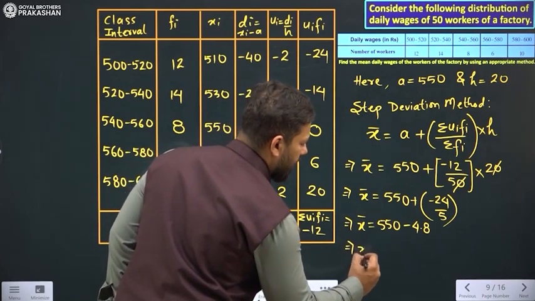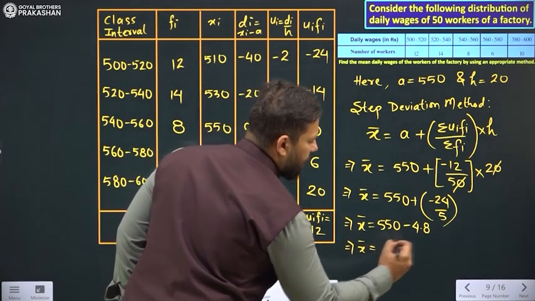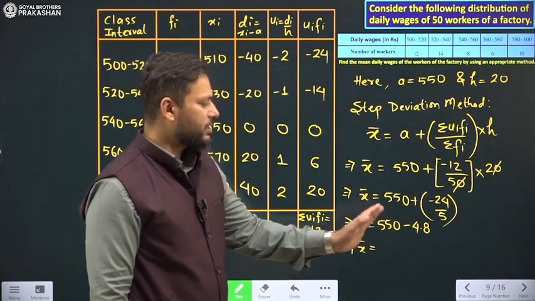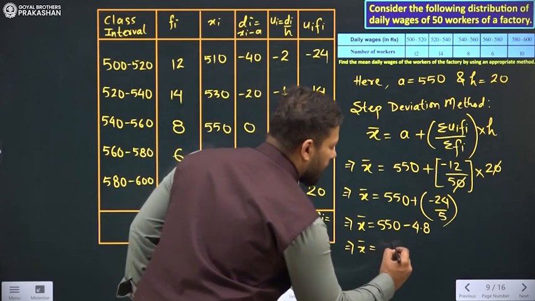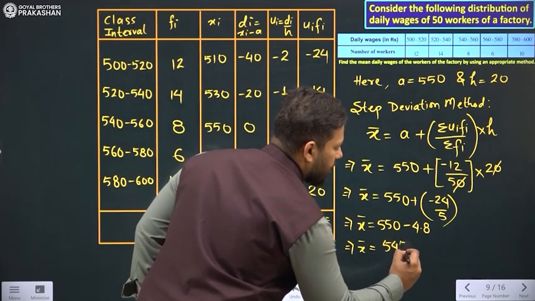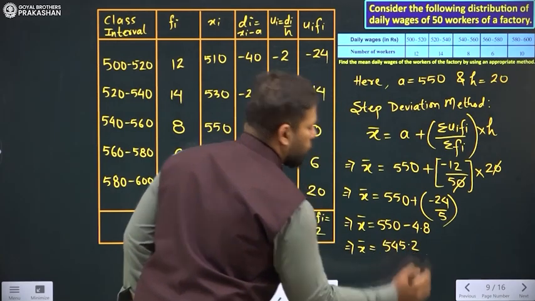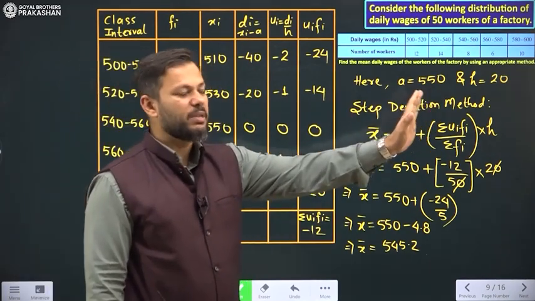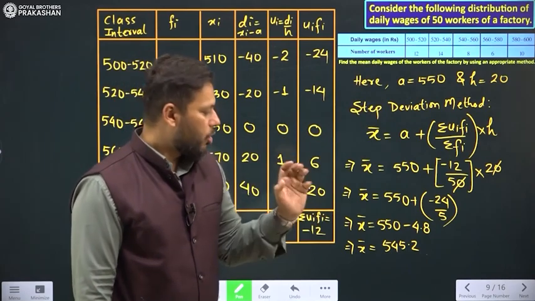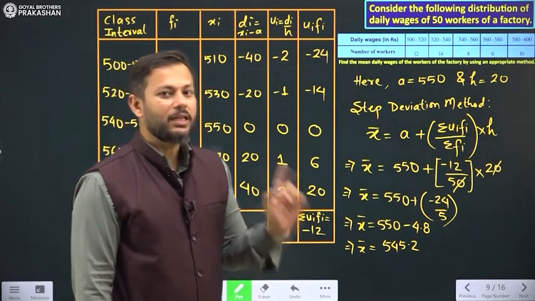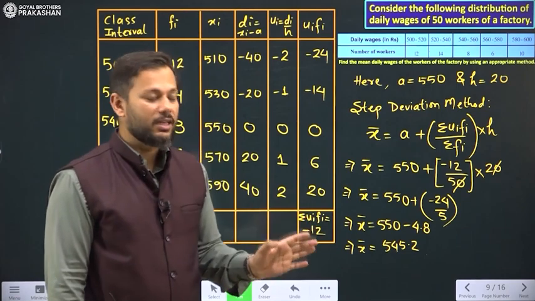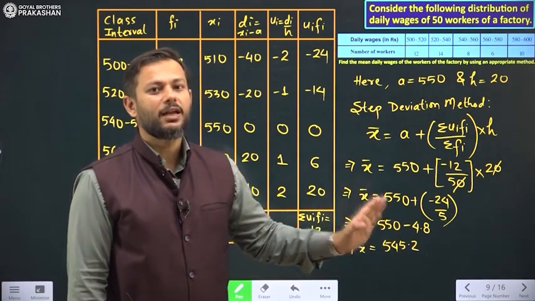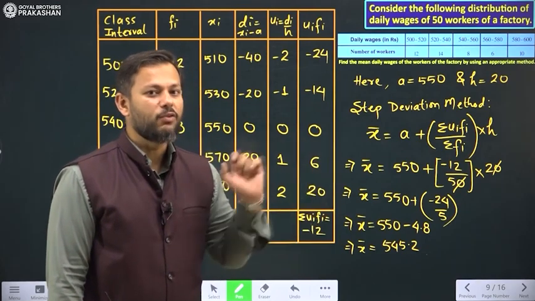Let us just quickly find it out. 550 minus 4 will be 546, and 546 minus 0.8 will be 545.2. So this is the mean of the daily wages which is being given to the 50 workers, or in other words I can say that each worker in that factory receives 545.2 rupees as their average daily wages.